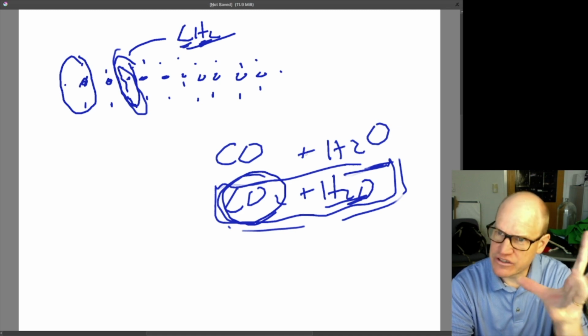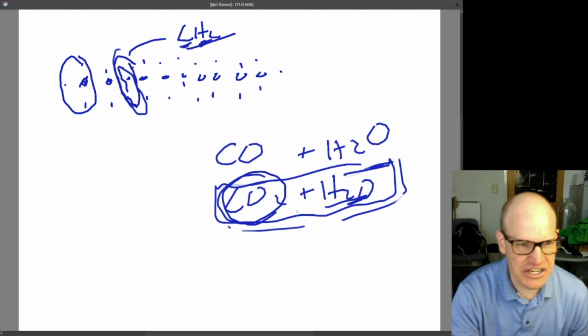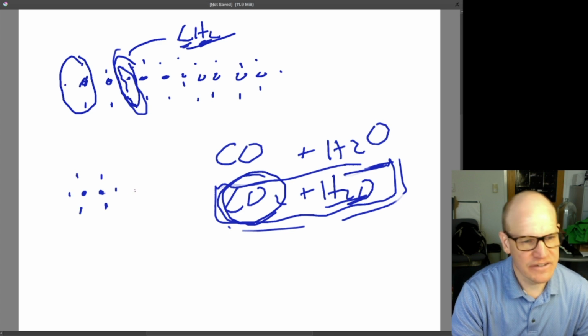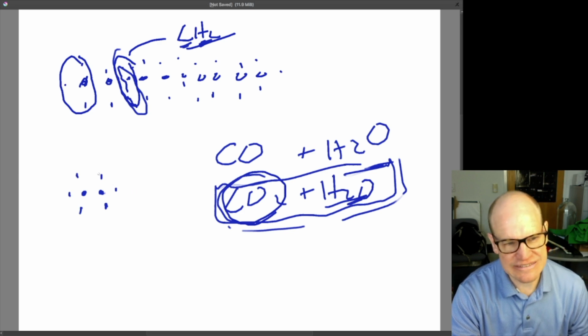However, if you get to shorter and shorter hydrocarbon chains, then for example, you'll have whatever this is. Okay, so this is 2 carbons and 6 hydrogen atoms. That's going to give you 2 CO2 plus 1, 2, 3 H2O.